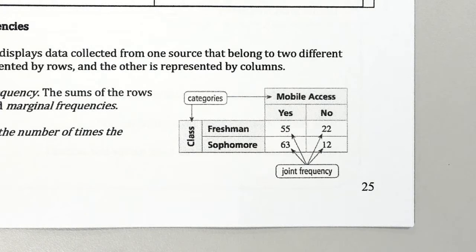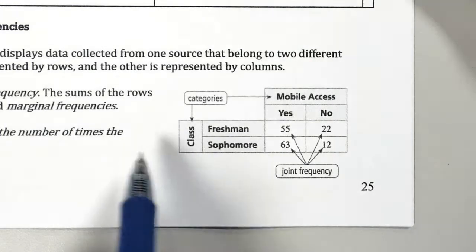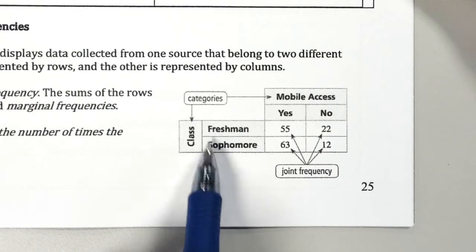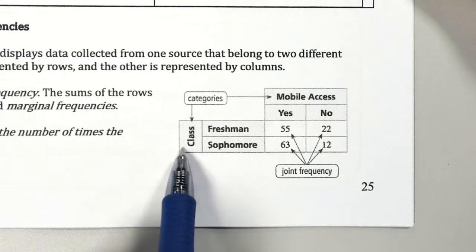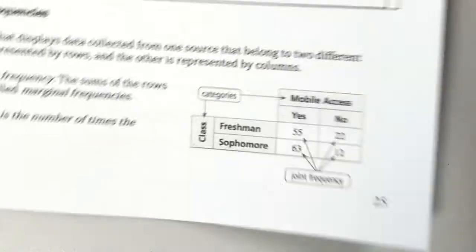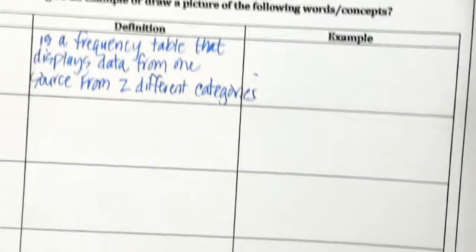Again, it is from one source. What is the source? It could be a high school, could be a college. And what are the two different categories? Freshman and sophomore, that's the class they're in, and whether they have mobile access or not. Okay, so that's the definition of a two-way table.